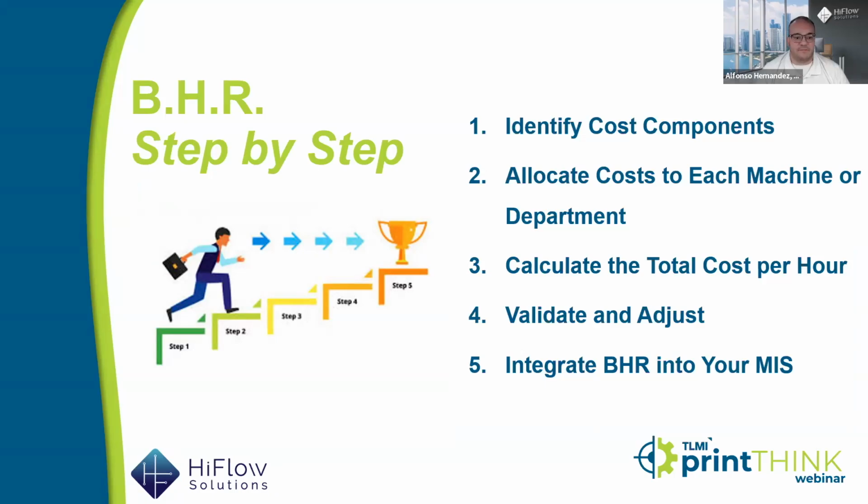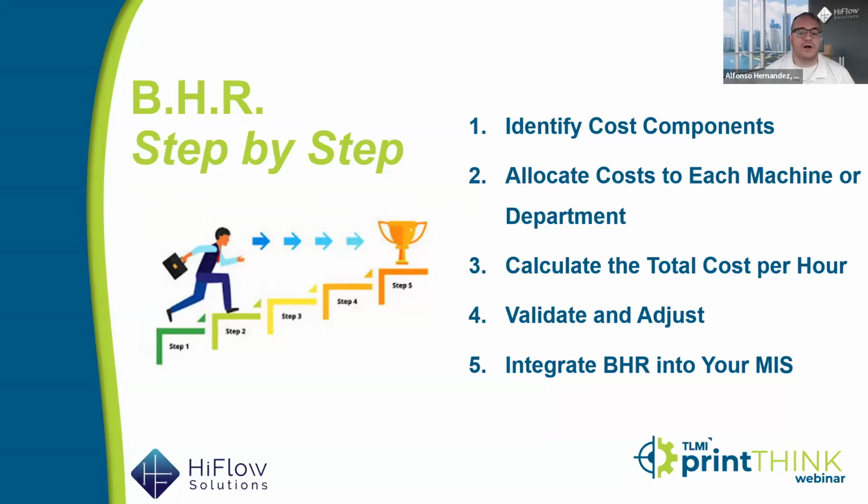Let's go into the step-by-steps of how to develop a budgeted hourly rate for your company. It comes down to five different steps: identifying the cost components, allocating costs to each machine or department or cost center, calculating the total cost per hour.